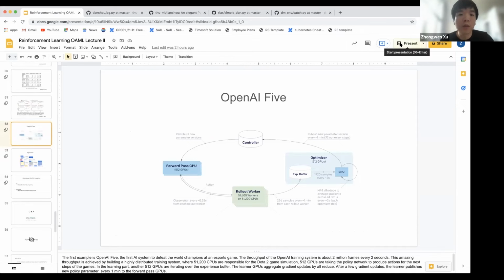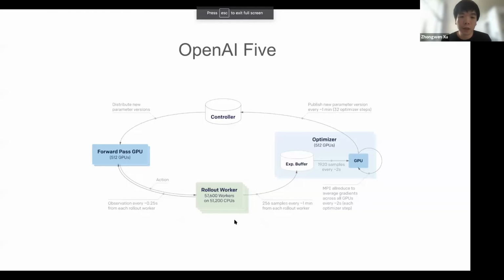And for even more complicated training systems, they are leveraging huge resources. You may already immediately notice from the illustration, in OpenAI Five there is a highly distributed training system.